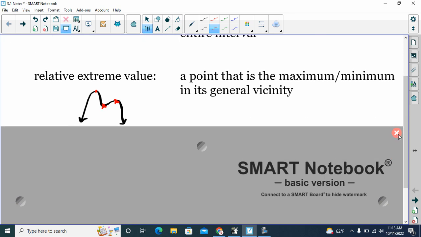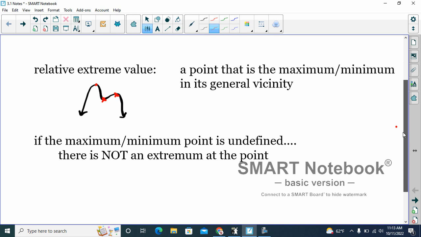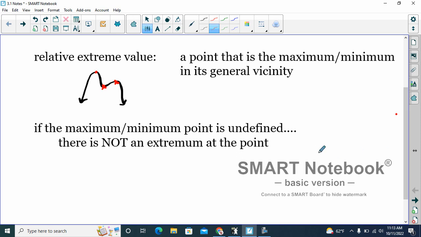It's also important to note that if we happen to have an undefined point where the maximum or minimum would otherwise occur, that is not a maximum or minimum. So if I have a graph and there is a hole at this point right there at the vertex, and suppose this is a y value of 7.